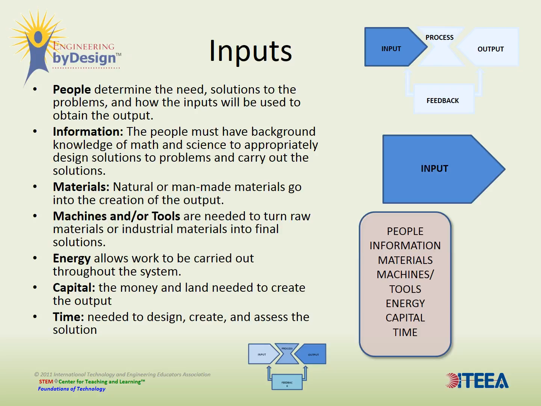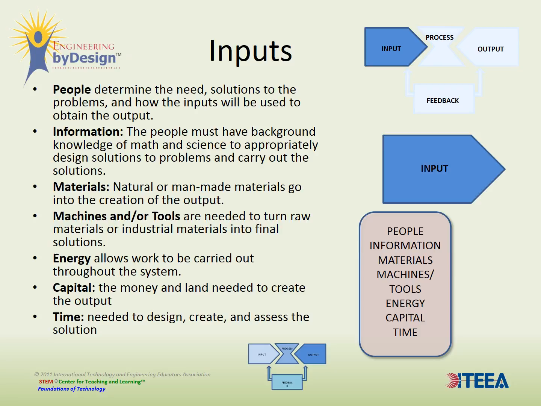Such as the flour that is natural, but it has been processed. Machines and/or tools are needed to turn raw materials or industrial materials into the final solutions, like your flour.